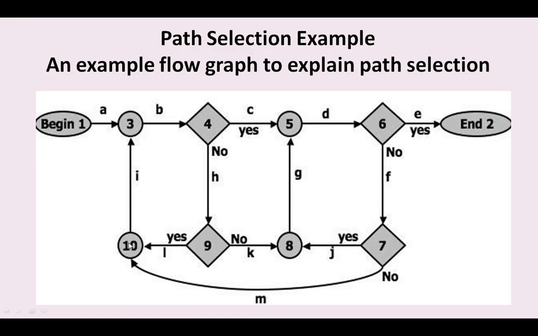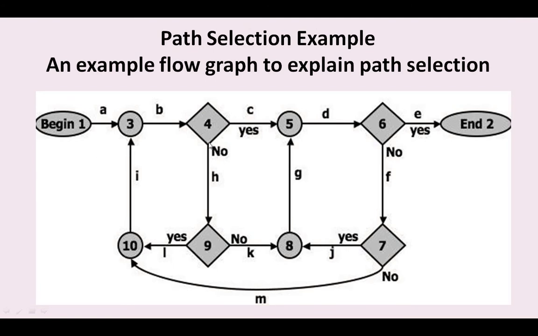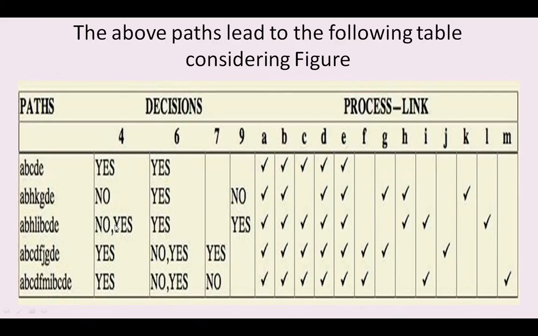So 4 no, 9 yes. Then I, B, C, D, E: again 4 is yes, 6 is yes. So that's what it is showing here. 4 is both yes and no; both values it is satisfying. See once again. A, B, H, L, I, B, C, D, E. So 4 is no and 4 is yes. For 9 it is yes and for 6 it is again yes. Okay, 4 is yes and no, 9 is yes, 6 is yes.